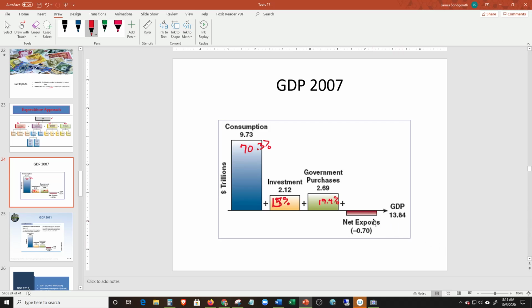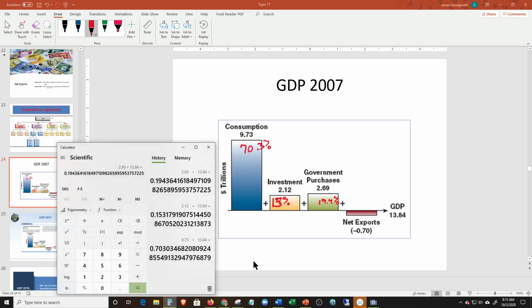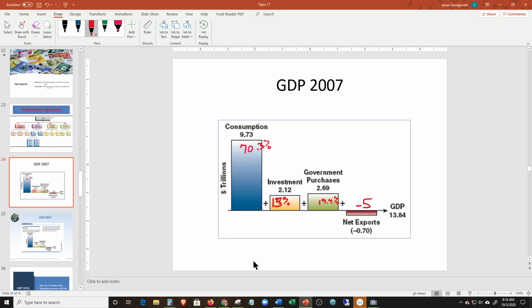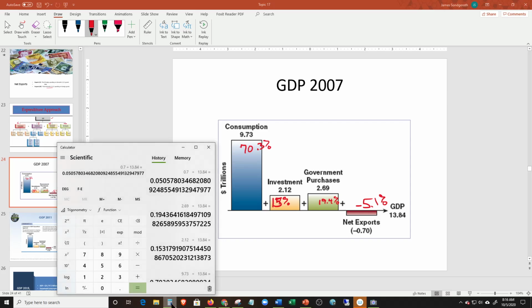So notice that net exports are negative, so 0.7. Whoops, I need to get my calculator up here. 0.7 divided by 13.84 looks like it's about negative 5.1%. Let me get the calculator up and get this correct.